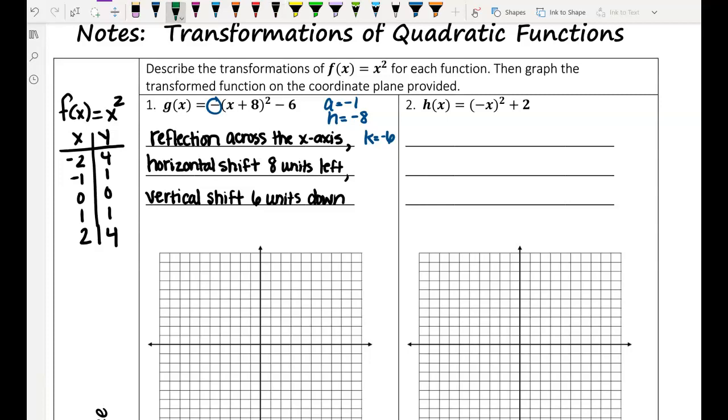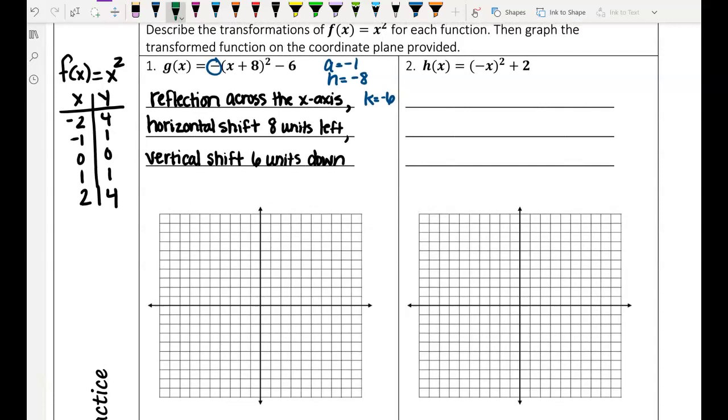So based on this information, what is my vertex? -8, -6. And if I know my vertex, then I know my axis of symmetry because it shares that x value.